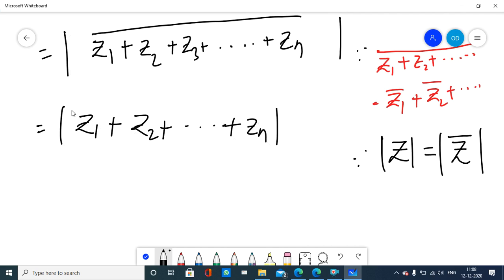This is your z. Modulus of z is the same as modulus of its conjugate. So proved. This was your RHS. You proved it.